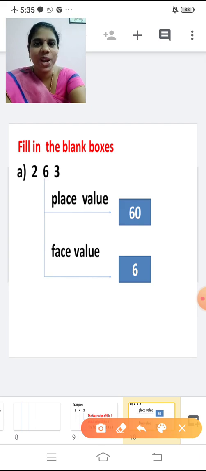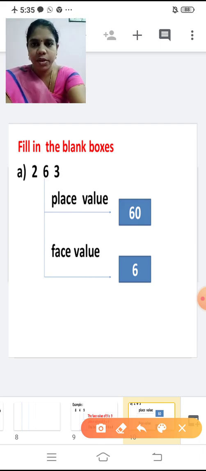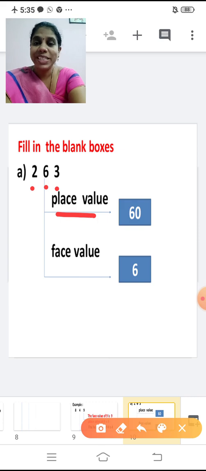What is the place value of 6? 6 it is in which place? Now tell me children, 6 it is in which place? I'll tell you, 3 it is in ones place, and 6 it is in tens place, and 2 it is in hundreds place. So 6 it is in which place? Tens place, right? So place value is 6 into 10, 6 tens.